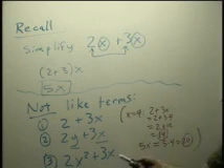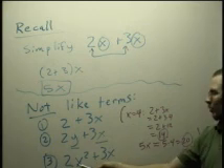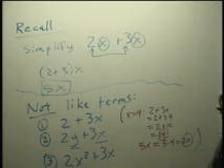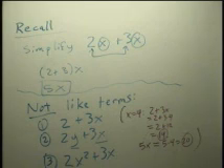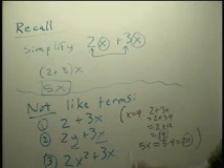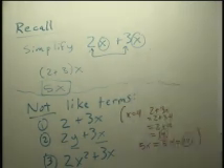So this would be like 3 apples. This would be like 2 bushels of apples. You're not going to add those together and get 5 bushels of apples or 5 apples. It doesn't make sense to put them together. They're very different. So to have like terms, they have to have the same variable with the same exponent.